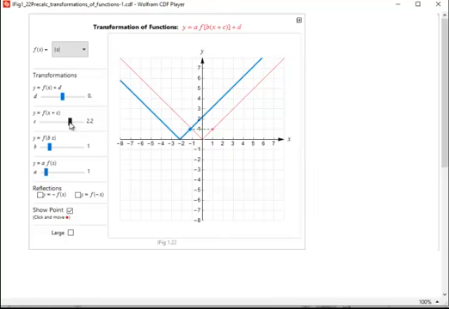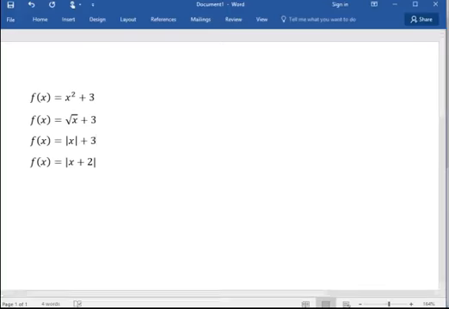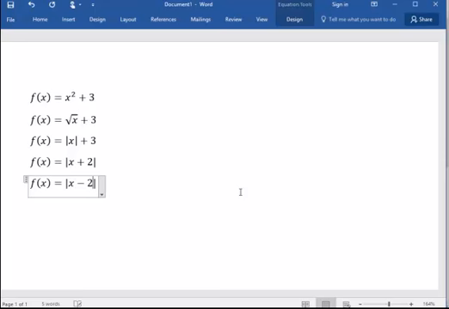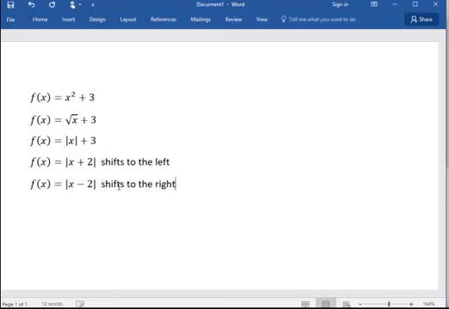So now if I go to a negative 2, whoops, I went too far, it's shifted over here to the right. And what I get here is x minus 2. So when it shifts to the left, it is actually going to be positive, and when it shifts to the right, it's going to be negative inside of there.